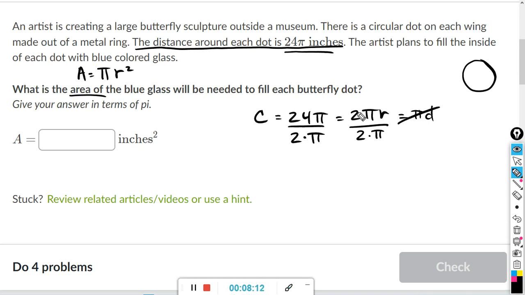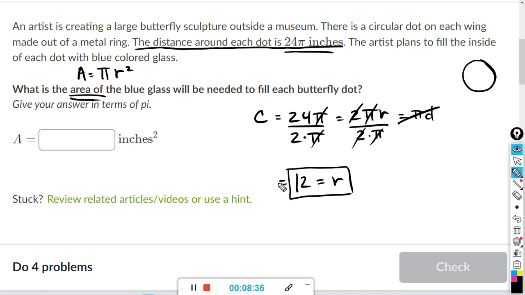Okay, on the right-hand side, 2 divided by 2 cancels. Pi divided by pi cancels. On the left-hand side, pi divided by pi cancels. 24 divided by 2 is 12. So the radius r equals 12. Okay, now that's not what they asked.